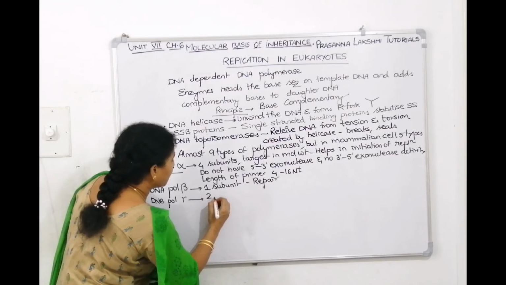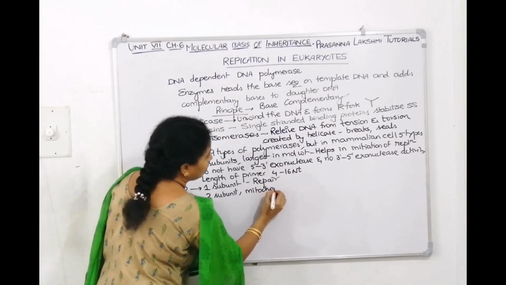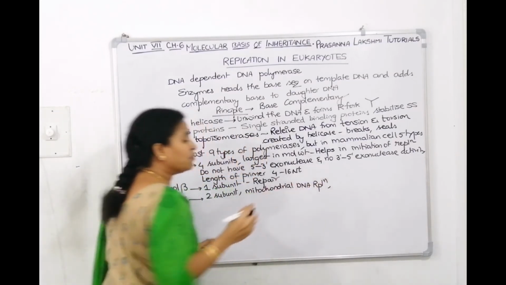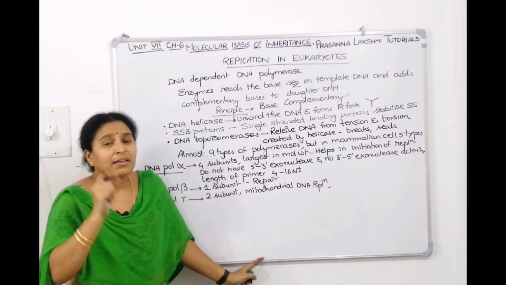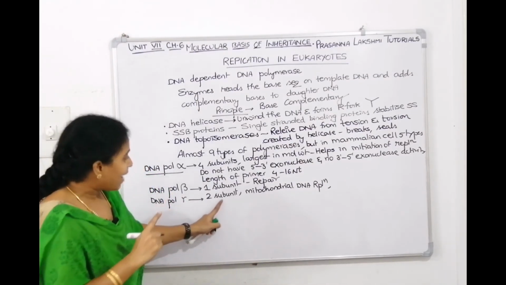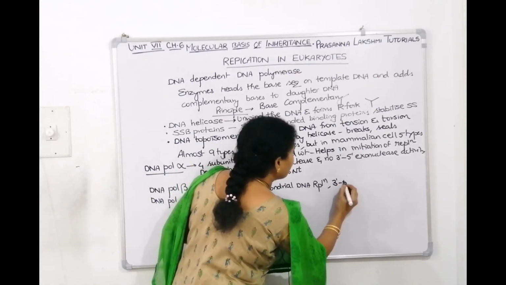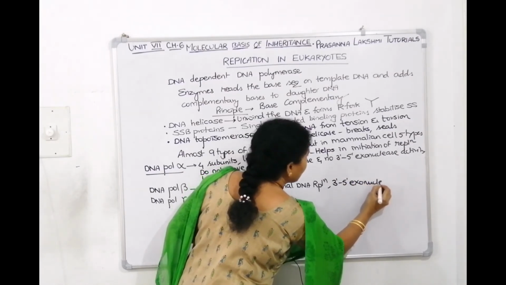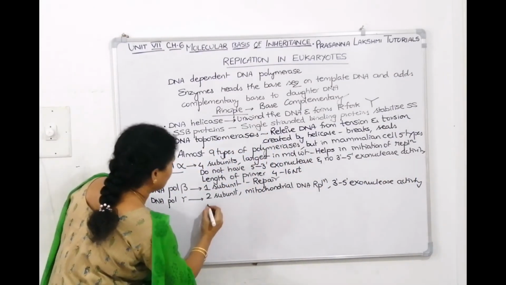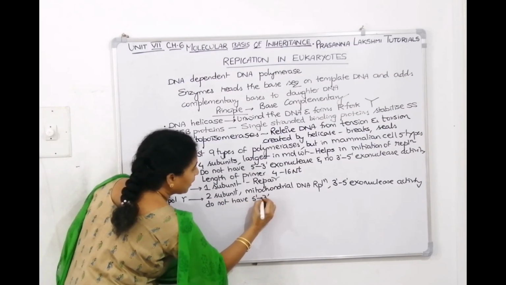Gamma also has 3' to 5' exonuclease activity, but no 5' to 3' exonuclease activity.